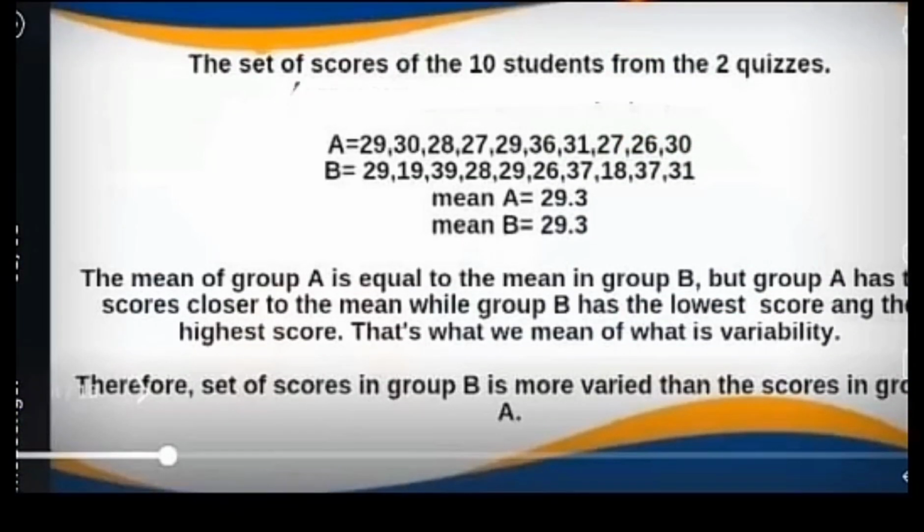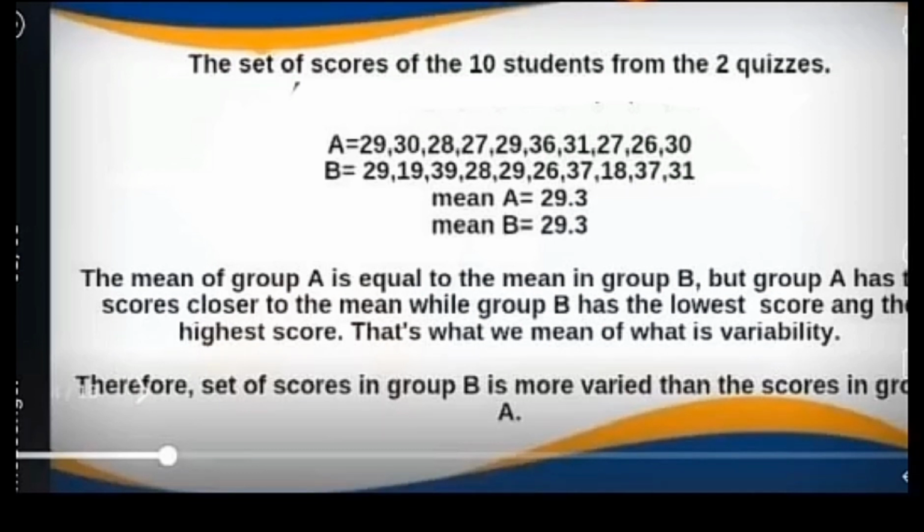Here is the set of scores of 10 students from 2 quizzes. These are other examples for us to clarify what is really meant by dispersion or variability. If we solve the mean of the given group of scores in letter A, the mean will be 29.3.